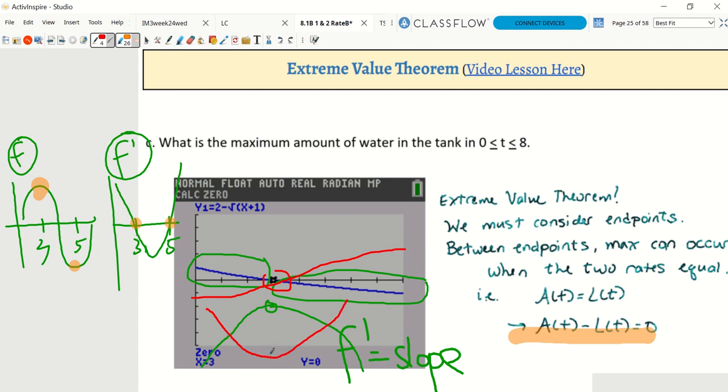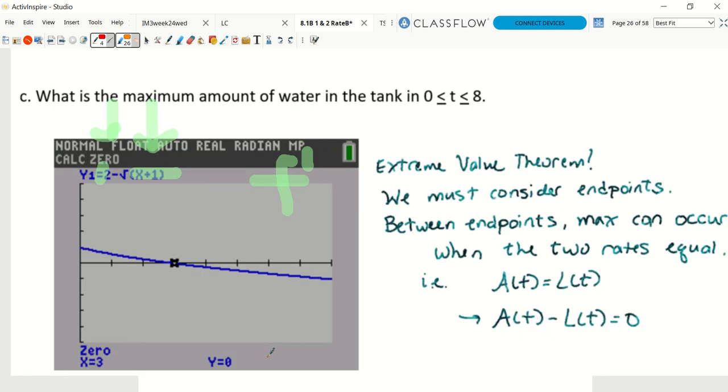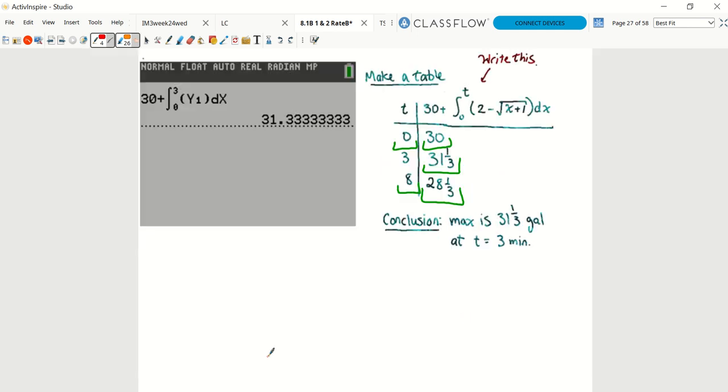Now we just use this thing right here, the candidates test. Plug in the endpoints, plug in the humps, see what your min-max is. In this case, it's asking for the max.